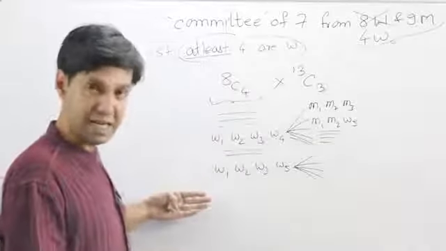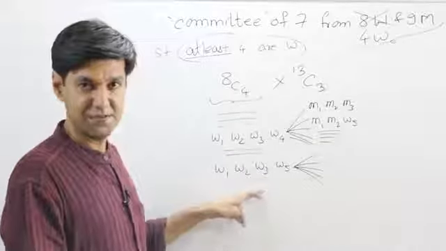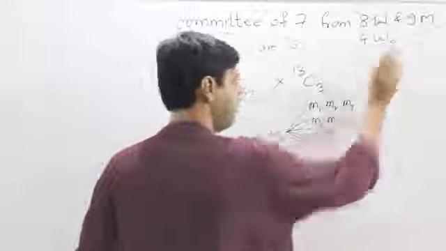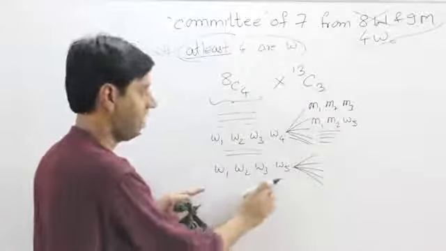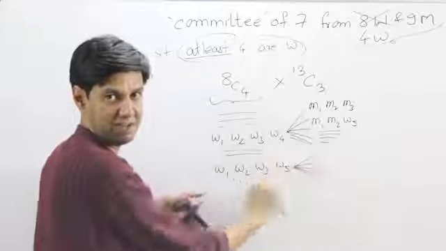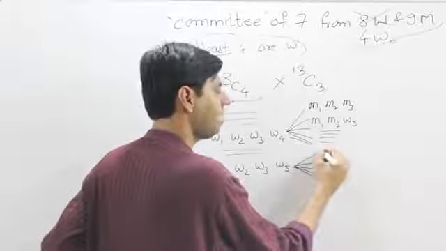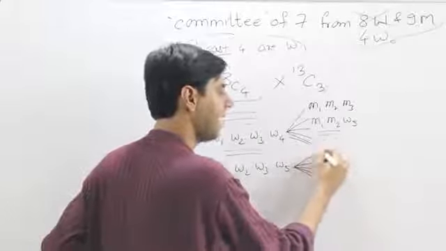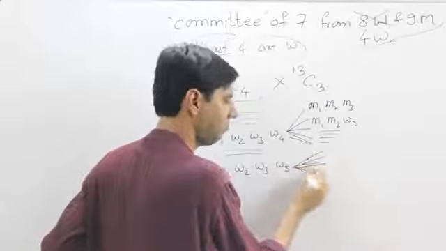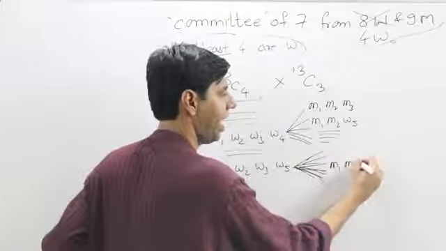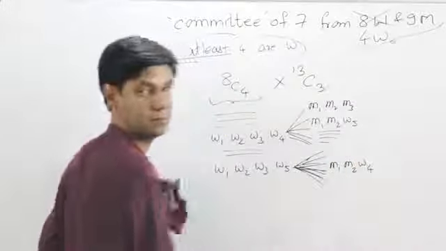For another case, let's say the second case, again there are 13 people left, but the left people are different now. Women 4 is left, 5 has come in. Could I select any 3 out of there? Definitely there is one way of selecting which says man 1, man 2 and woman 4.